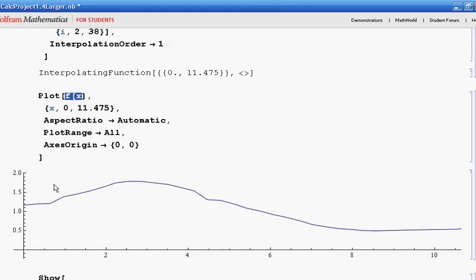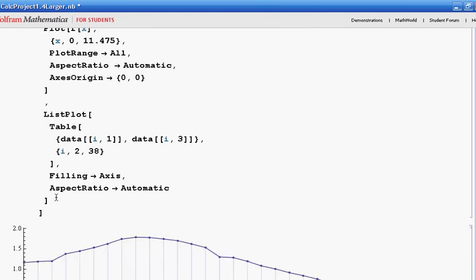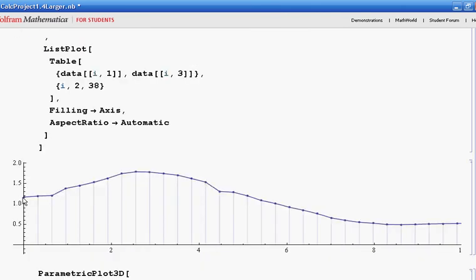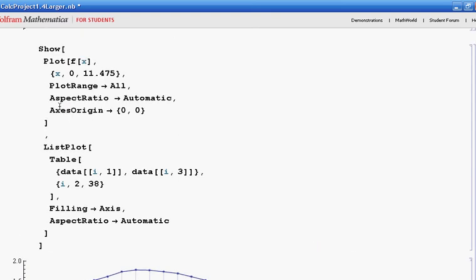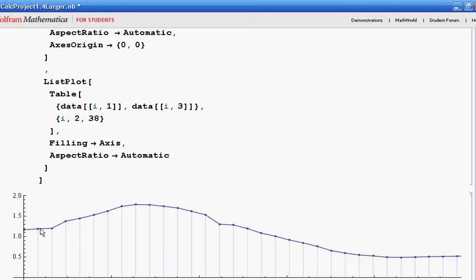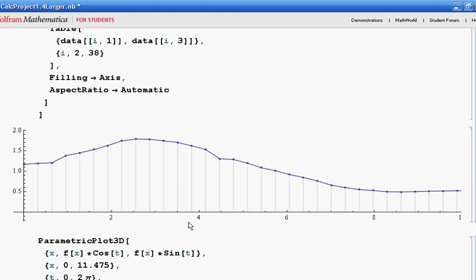The next graphic is basically the two graphics superimposed on each other: our list plot and our f of x estimates along the way. Each one is an estimated f of x from one point to the next, summed up to make this entire relatively smooth curve.